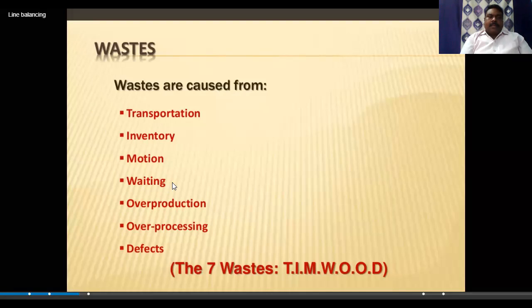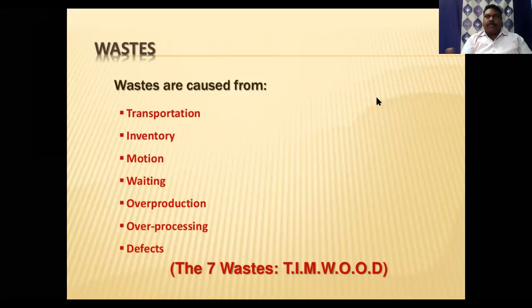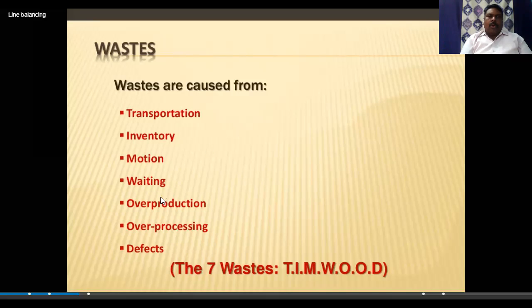Waiting. Wastage, if you are going to wait, for example, if you take the paddy and wait for a longer time, the moisture will be gone and it becomes very light. So in waiting also some wastages will be there. Overproduction. Wastage.